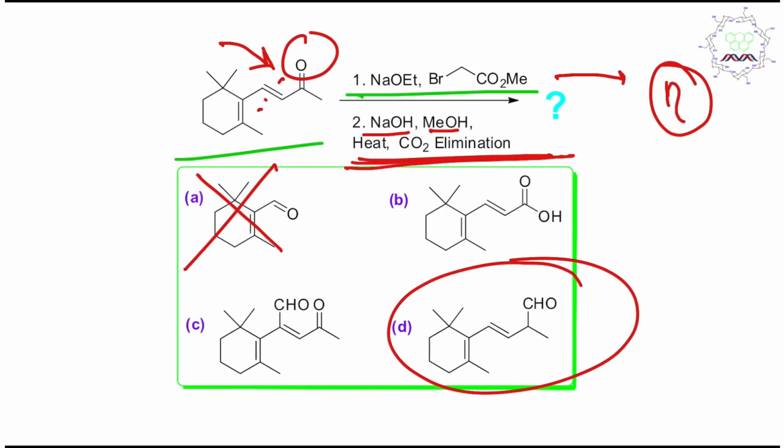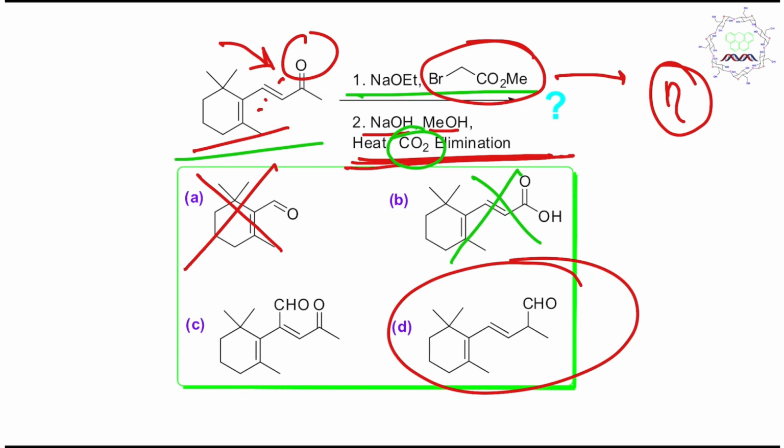Option B, this is Darzens reaction, and here the carbon count is actually less, meaning you have to add this reactant and this carbon, and later reduce 1 carbon because CO2 elimination is happening, but this also doesn't match here. And in this case the carbon number is the same but the position is different. Why?